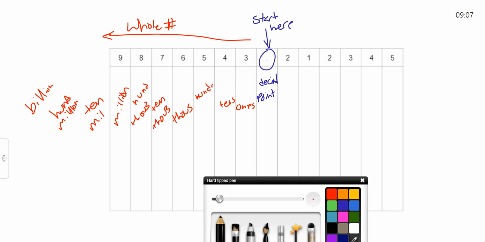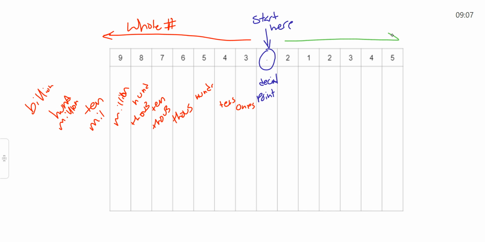If we're looking at the decimal point and moving to the right, we have decimals. These could also represent fractions.